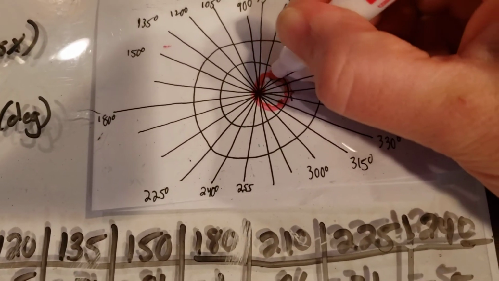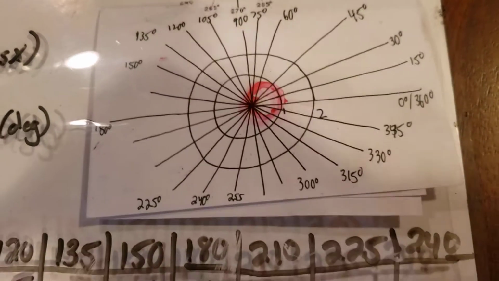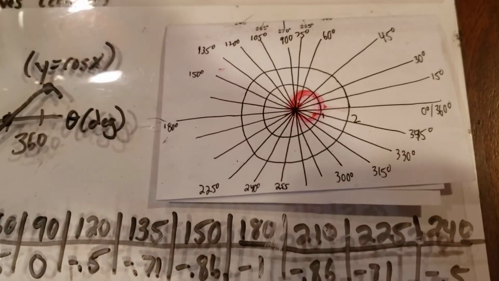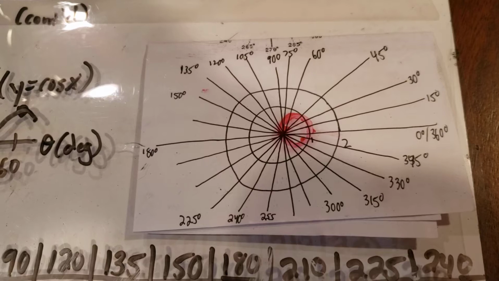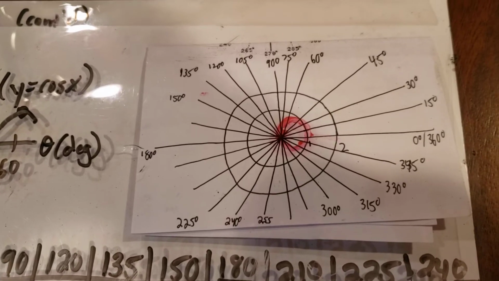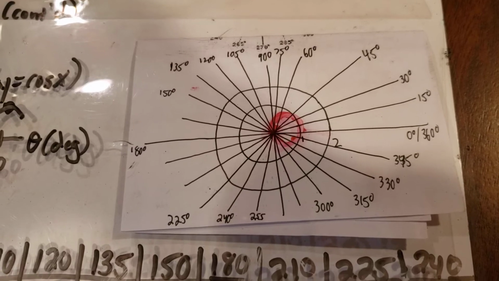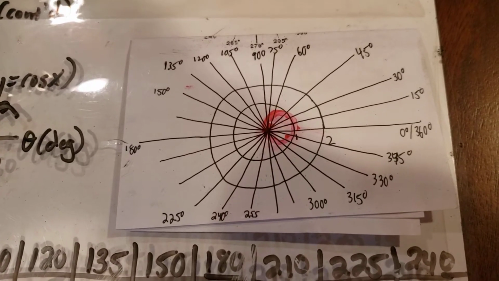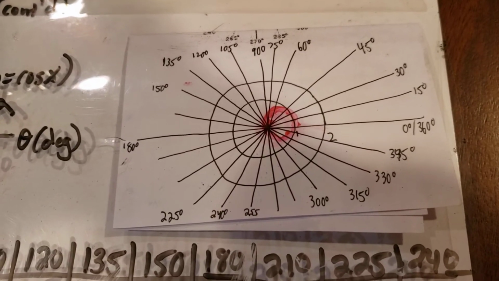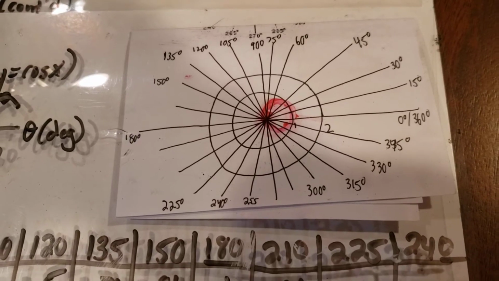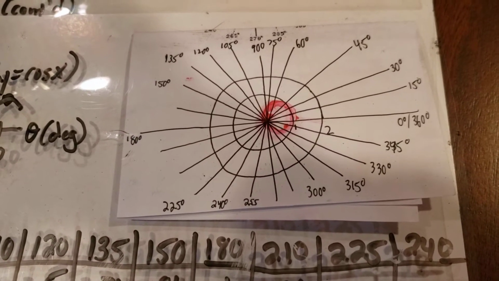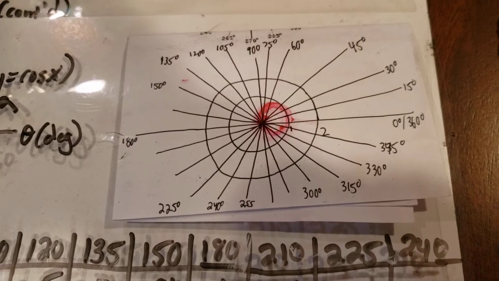This is a circle. What this is showing is what r is when you take the cosine of the angle that you're at. We've got a circle there, and it's got a diameter of 1.